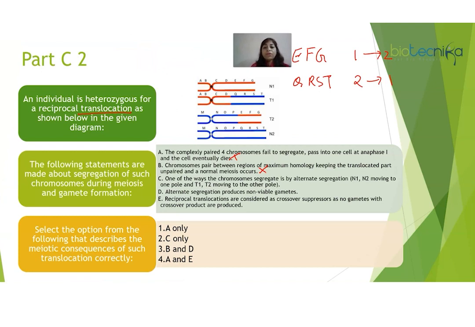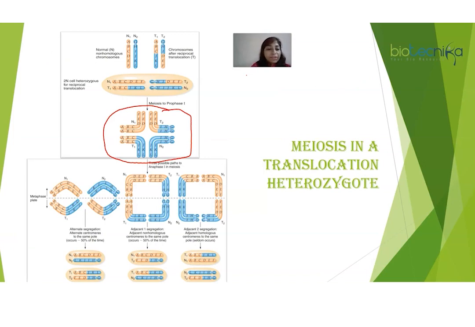One way the chromosomes segregate is alternate segregation, where N1 and N2 move to one pole and T1 and T2 move to another pole. That is absolutely correct. The gametes receiving this alternate segregation will be completely viable, because all the genes are present in them in equal amount.